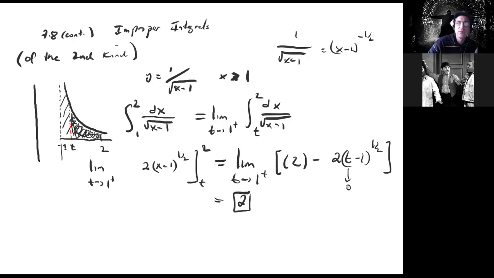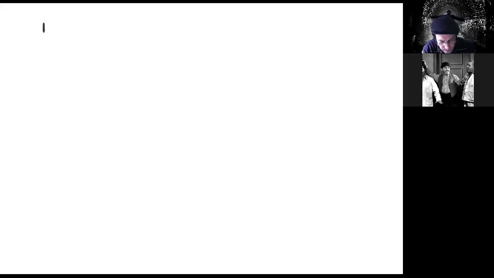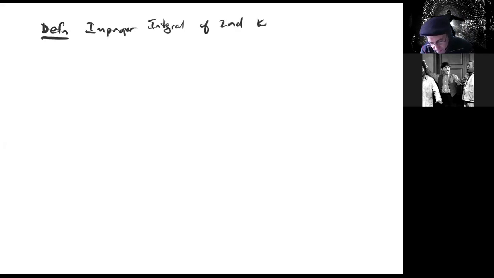And so now I'm going to formalize the definition. So here's the definition of an improper integral of the second kind. So there are three cases.